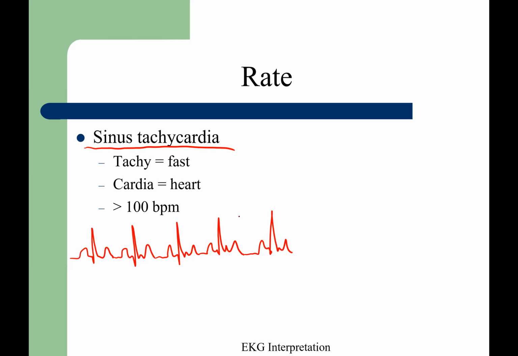Let's say it's 105 beats per minute. We'll call this one sinus tachy, as opposed to sinus Brady, which would look something like this.